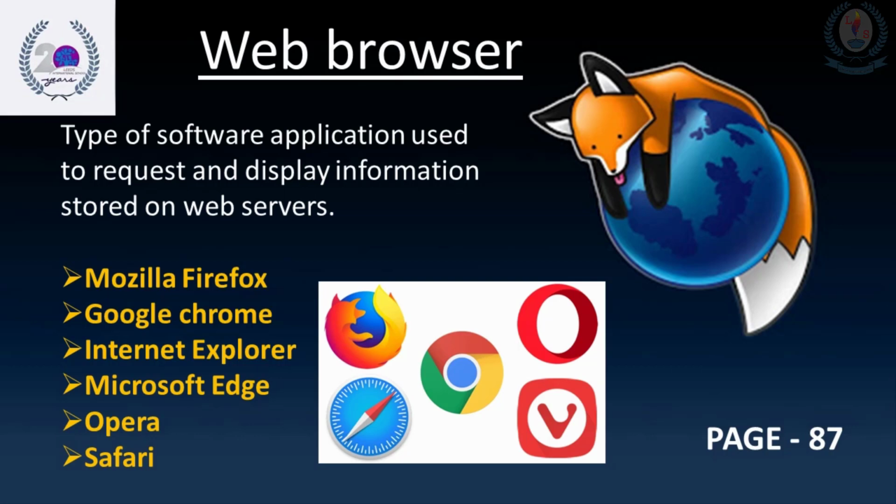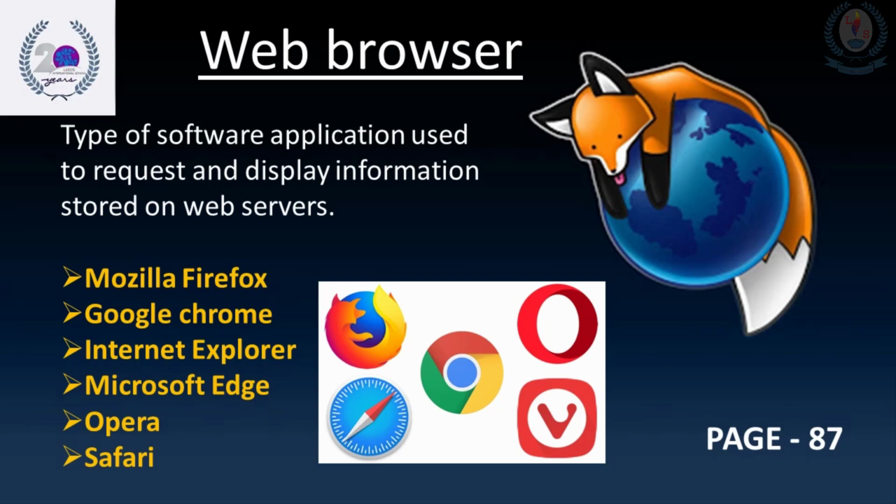I know all of you are familiar with the web browser. Tell me what is the meaning of a web browser? It is a type of software application used to request and display information stored on web servers.